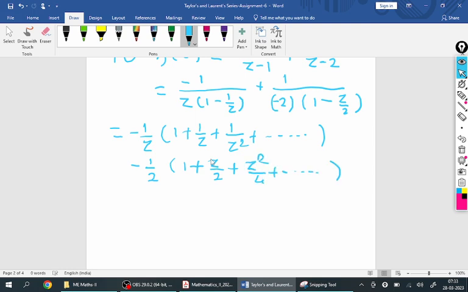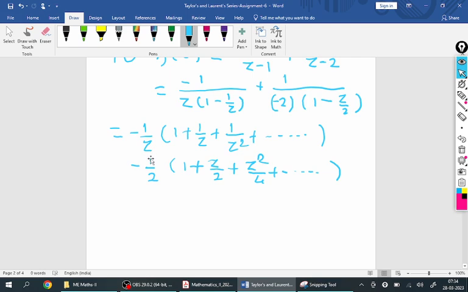You will observe the previous terms will have the negative powers of z. The first part of the series is the negative power of z, and the second part has the positive power of z. So there is no simplification possible. Only you can multiply minus 1 by z inside the bracket and this minus 1 by 2 inside the bracket. That can be a simplification, not more than that.